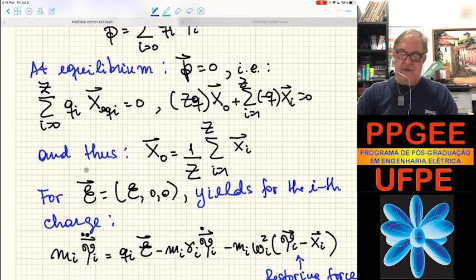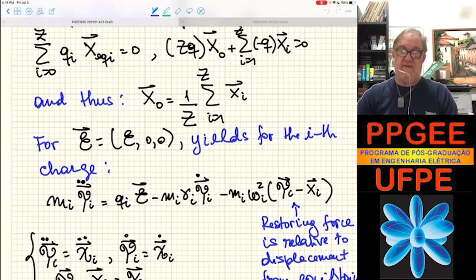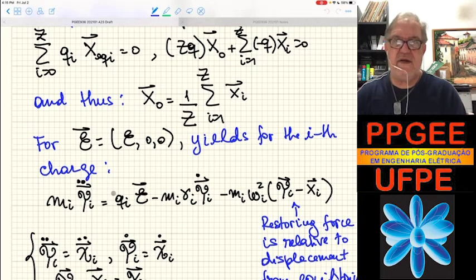Let's assume that again we apply a field in the x direction. So we go to the ith charge, including the nucleus charge. The differential equation is very similar, right? Newton's second law, mass times the second time derivative of the position vector of the ith charge equals Qi times E now, right? Qi is going to be positive for the nucleus, negative for the electrons.